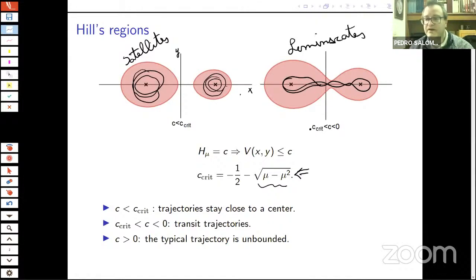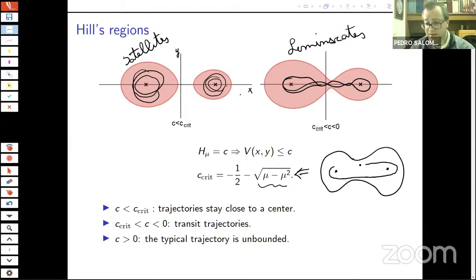And if we increase a little bit more the energy, as I will show later, what we start to see is that, so here are the primaries, we start to see some trajectories that move like that. They do not touch the interval in between the two primaries, and these trajectories are called planets.